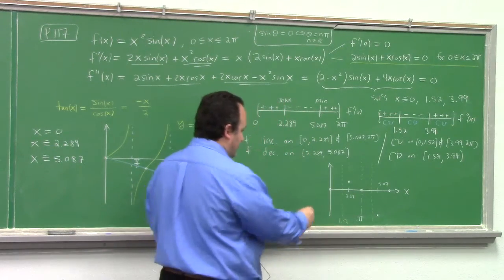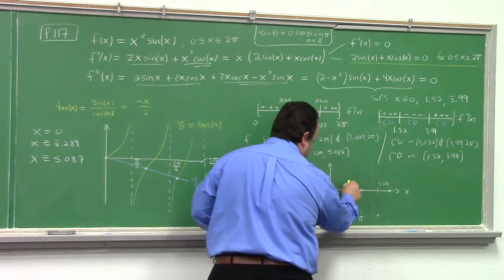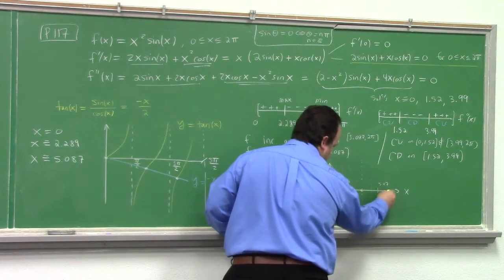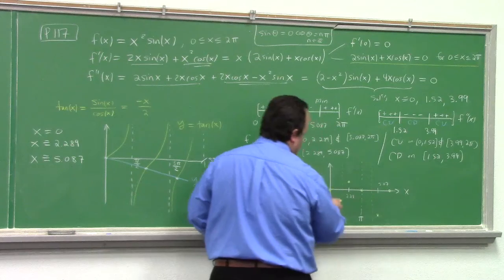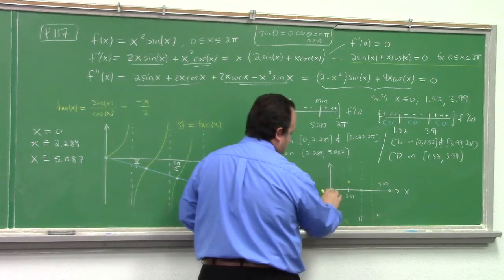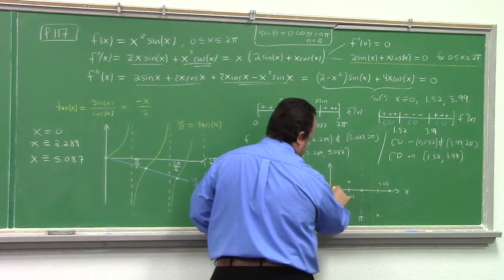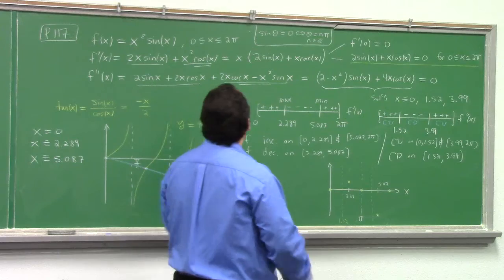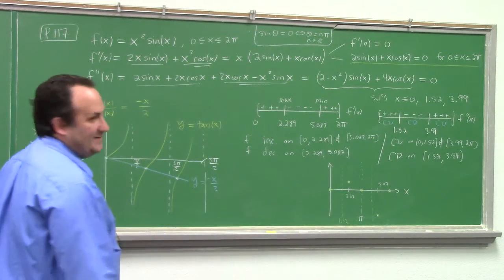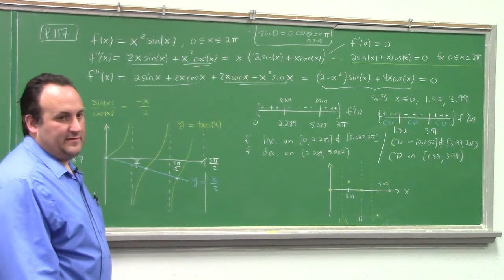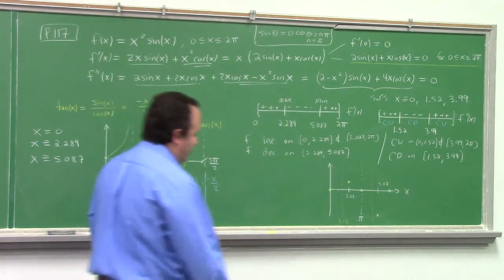I know my zeros, right? Here's my target max, my target min, and it's got to change from being concave up to concave down. Well, it's x squared times sine, so it's nothing too familiar.